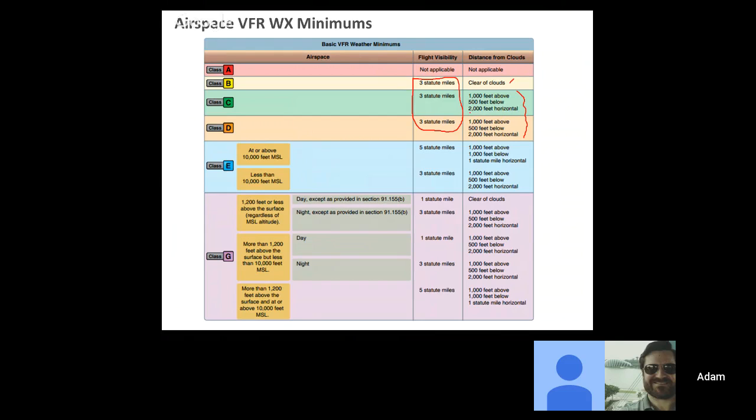And these qualifiers here, 2,000 feet, 500 feet, 1,000 feet, are simply exactly what they say. Your airplane has to be at least 1,000 feet above, or 500 feet below, or 2,000 feet horizontal from a cloud in order to maintain legal VFR flight.